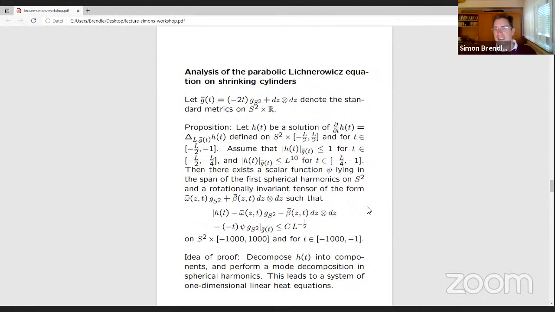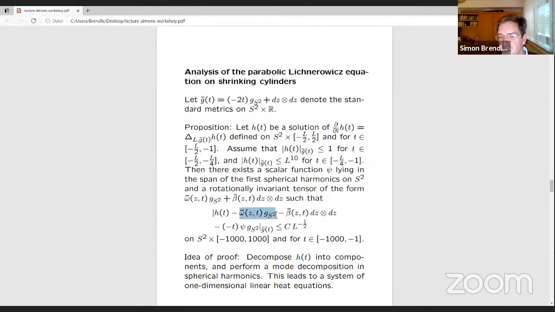Okay, then I want to understand what happens later in time as this solution has had a while to evolve. And it turns out that up to errors that are bounded by constant over root L, so up to very small errors, this H of t will look like a superposition of special modes.